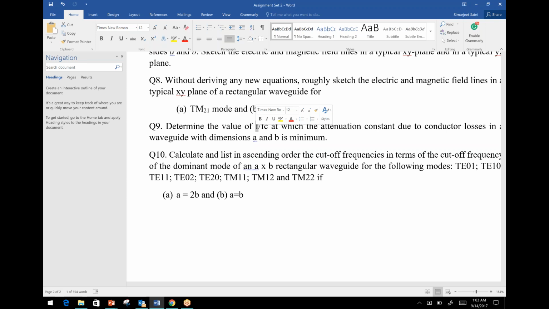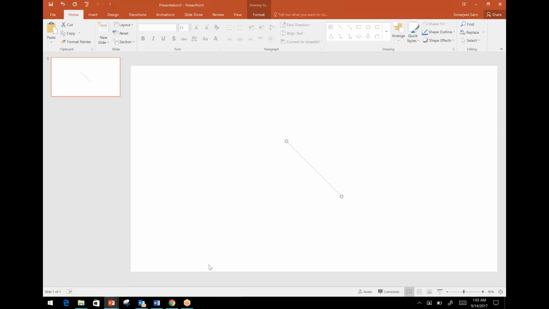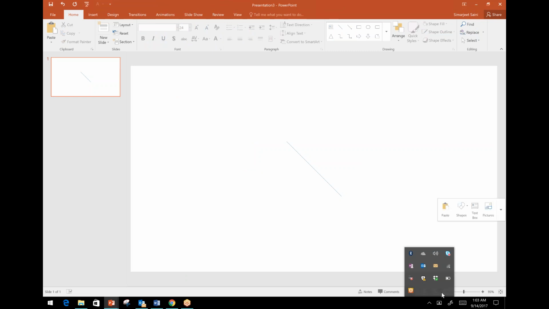If I want to, what is my variable here? I have a frequency. So let's try to figure it out ourselves, instead of me giving you an answer directly. Just a second, let me put this on my screen.